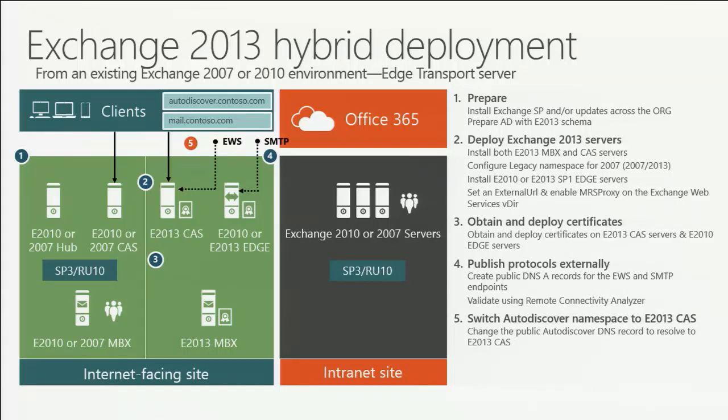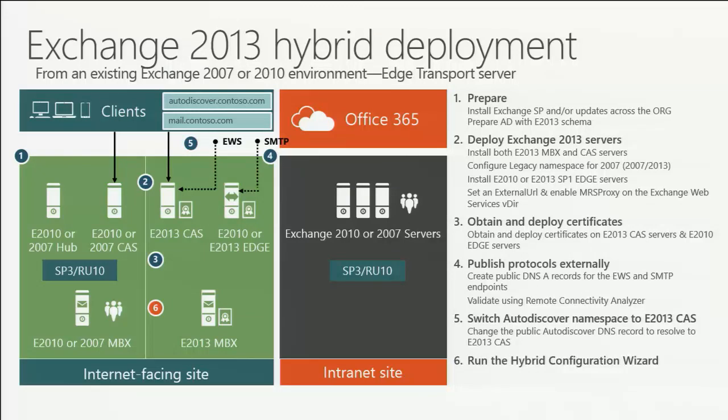Once 2013 is published, we'll switch AutoDiscover to point to our 2013 servers. It will respond or redirect appropriately inside of the organization to ensure that all clients inbound, regardless of where that mailbox is homed, be it on-prem 2007, on-prem 2010, or on-prem 2013, will receive the proper XML data back to go through the AutoDiscover and configure itself properly from an Exchange perspective.